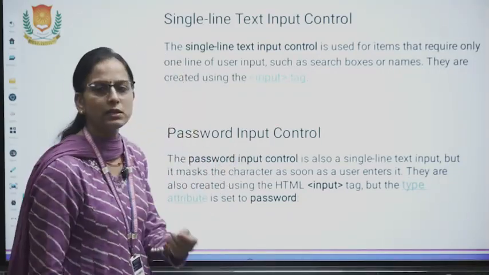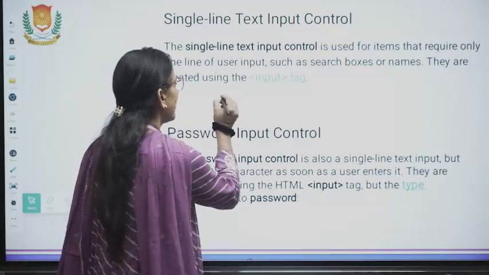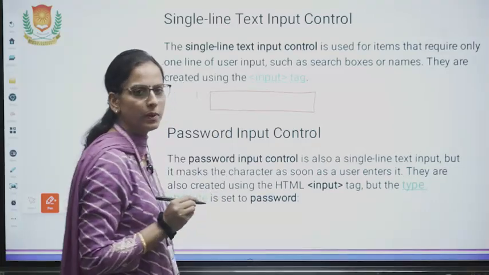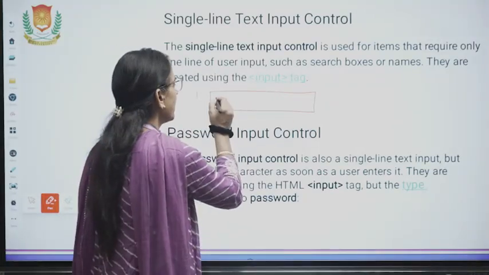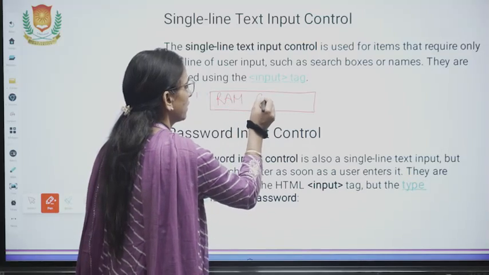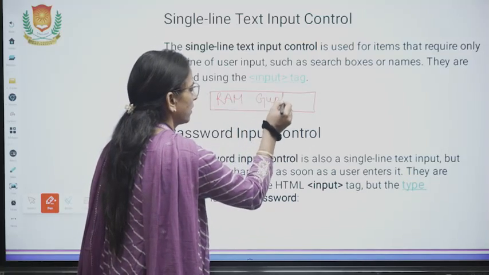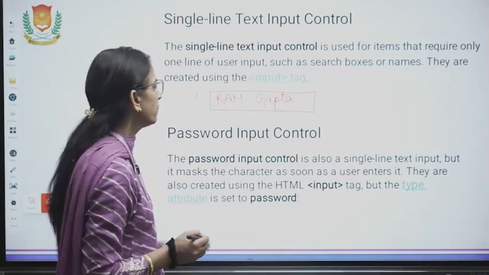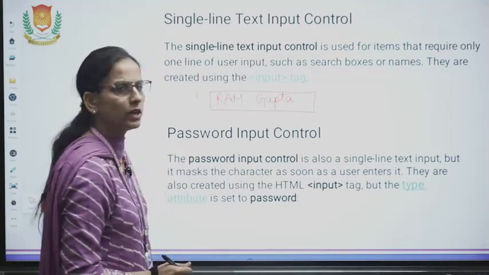Single line is a single line character box, where the user can write their data like this. Okay. And then we have the password control.